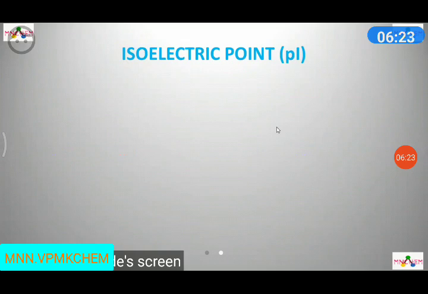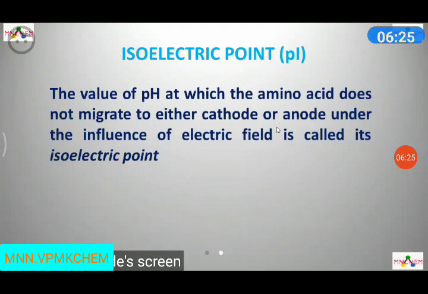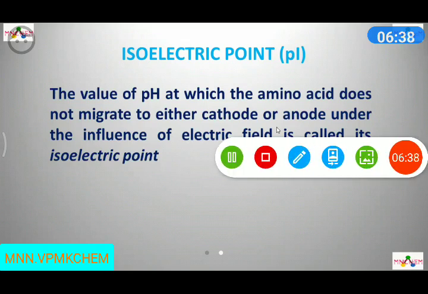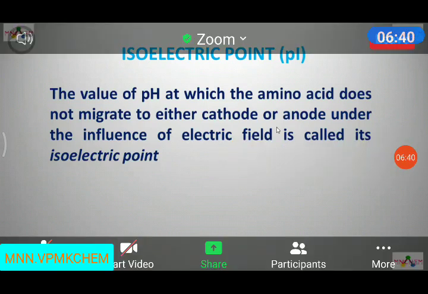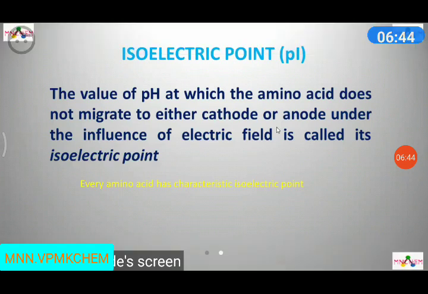The value of pH at which the amino acid does not migrate to either cathode or anode under the influence of an electric field is called its isoelectric point. Every amino acid has a characteristic isoelectric point.